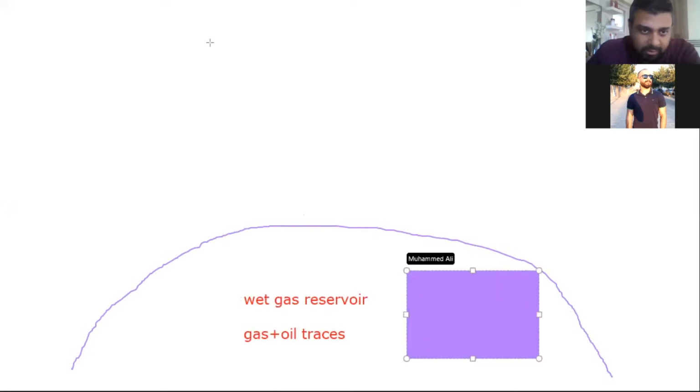Now this gas has small traces of oil inside it. It's mixed. So basically it's a gas reservoir, but it has some traces of oil.